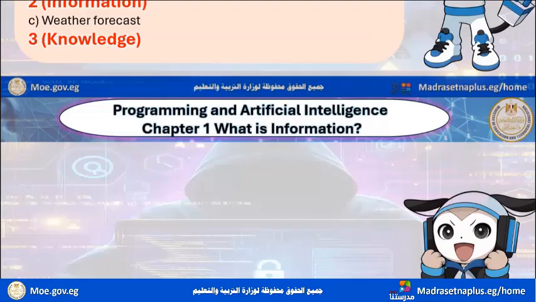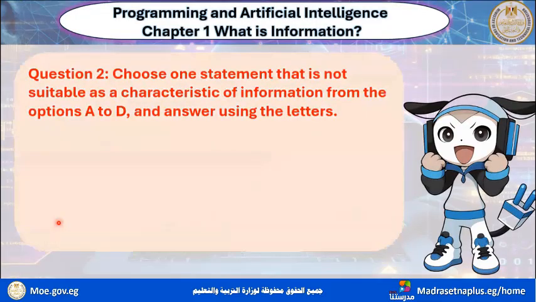Question 2. Choose one statement that's not suitable as a characteristic of information from the options A to D and answer using the letters. A, it has a form just like an object.